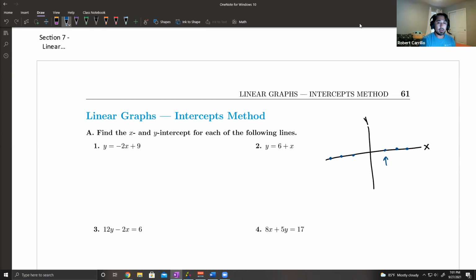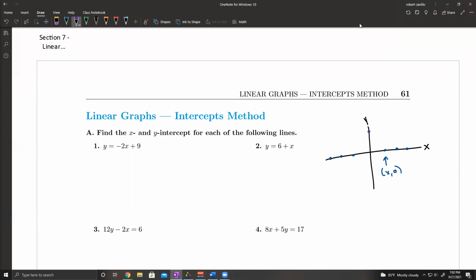And the coordinate will always be given as X, comma, 0. So whenever you have an X-intercept that's on the X-axis, the value of Y is always 0. And then Y-intercepts lie on the Y-axis, so they lie anywhere on the Y-axis.